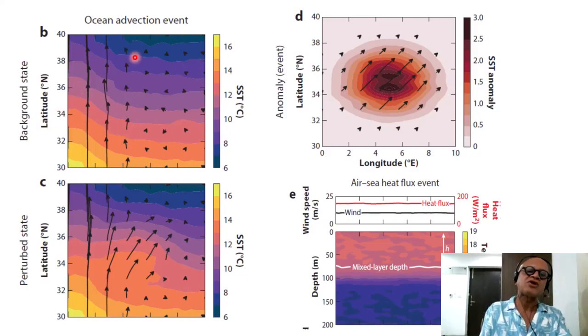Let's say we have a background state like this with latitude and longitude, with the sea surface temperature gradient here, and the background state or the climatology or a given seasonal mean state may look like this, and then some perturbation happens because of winds and heat fluxes, which begins to push the warm waters into the colder regions.